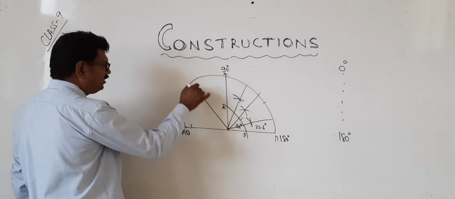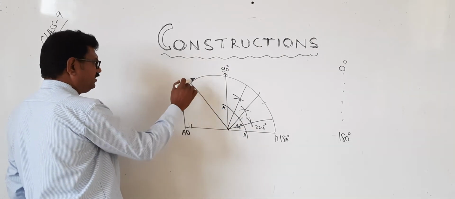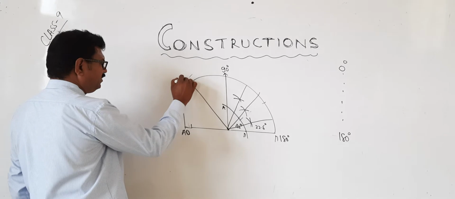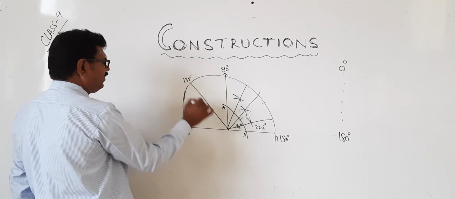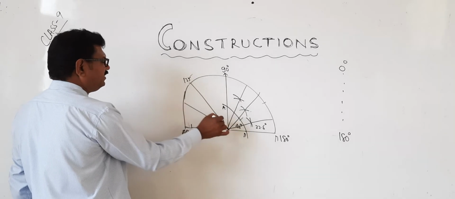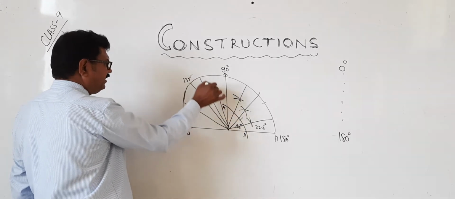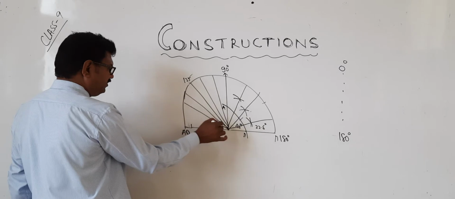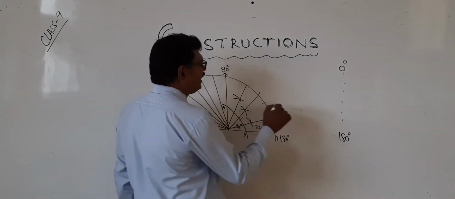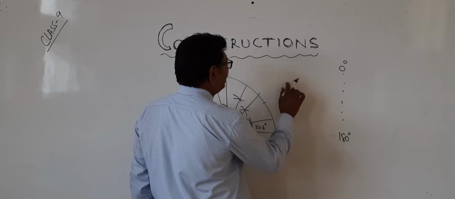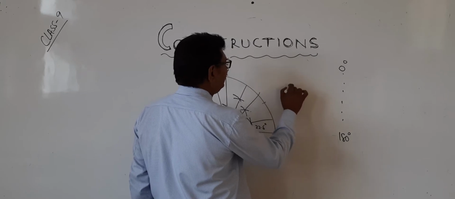Again you can do like this. How much is it? 90 plus 45, 135. Again like this, again and again. All these angles you can measure, which are multiples of 15 degrees.